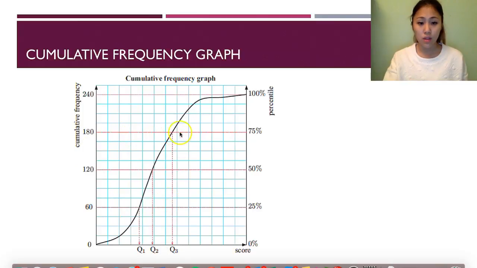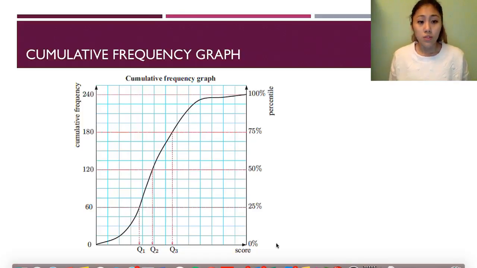Once it crosses, go downwards, and we find Q3. And this happens, the x-axis happens to be a score. So you're comparing scores with the cumulative frequency of maybe a certain group of people scoring 100%. So on their test or something, right?